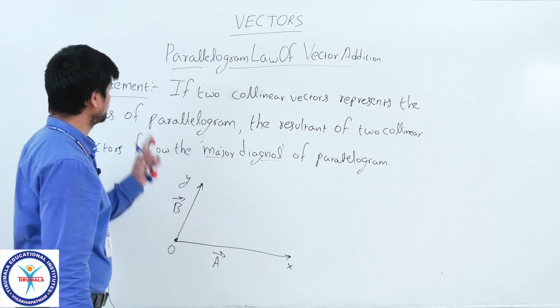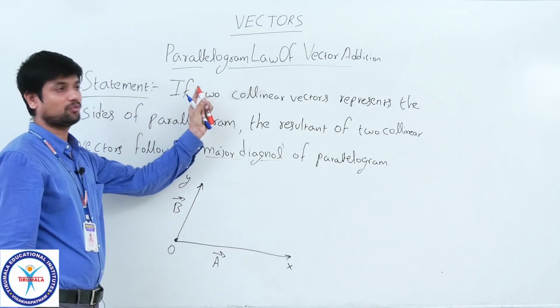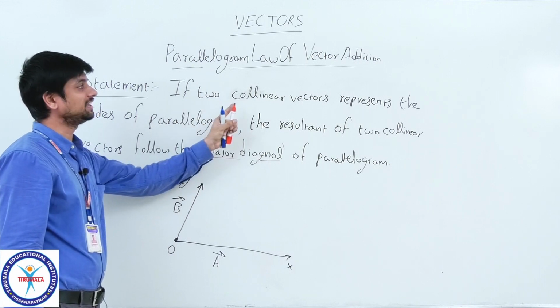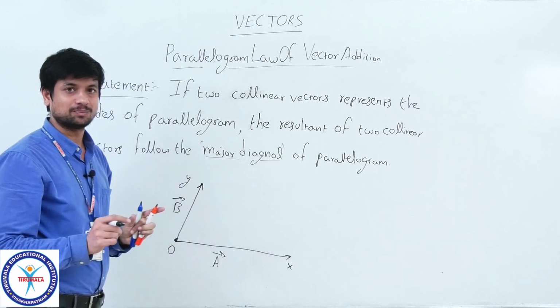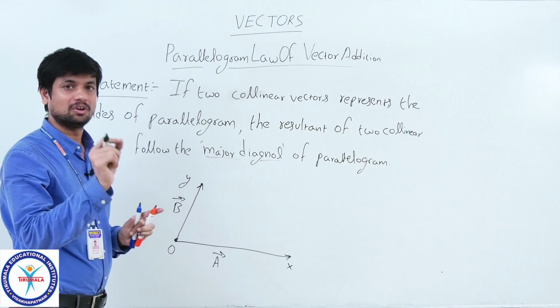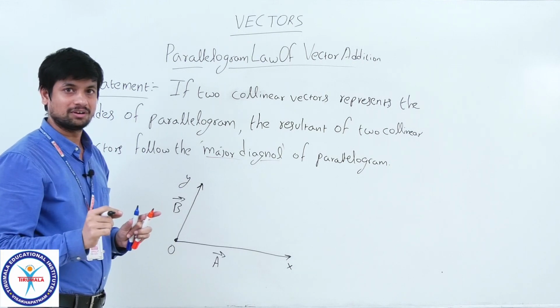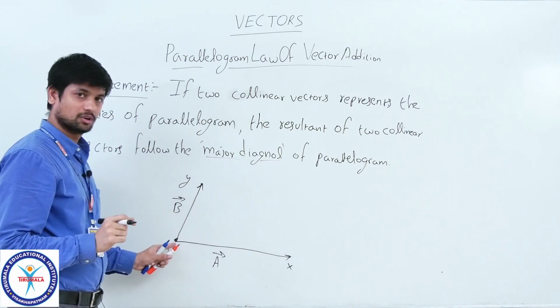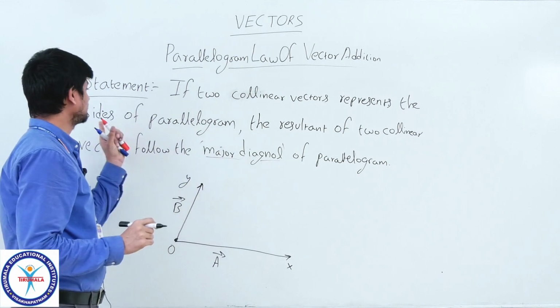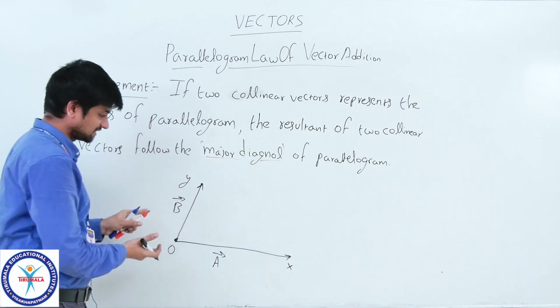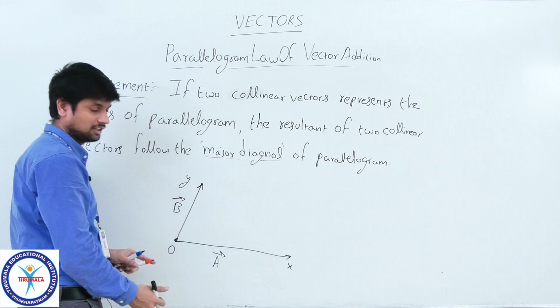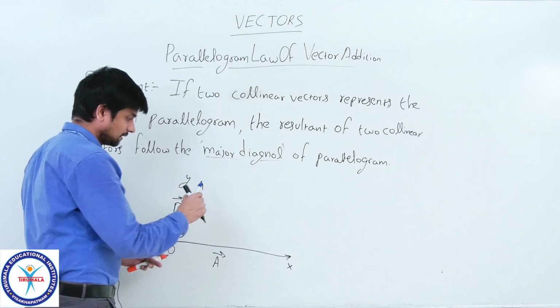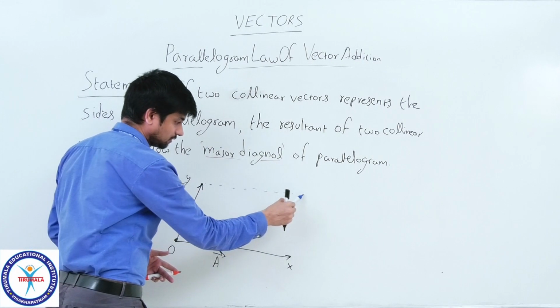See children, I have written the statement of the parallelogram law of vector addition. If two vectors starting from one point represent the sides of a parallelogram, imaginarily you can form the parallelogram in this way.